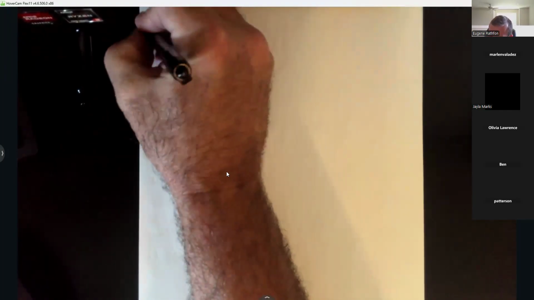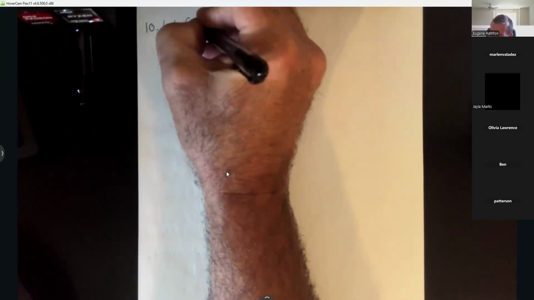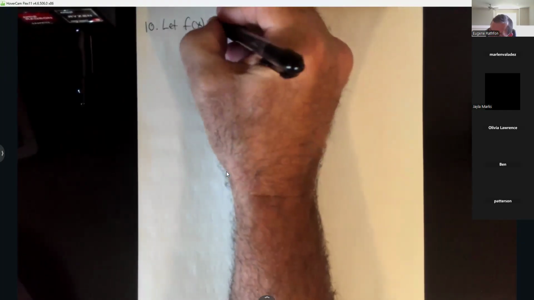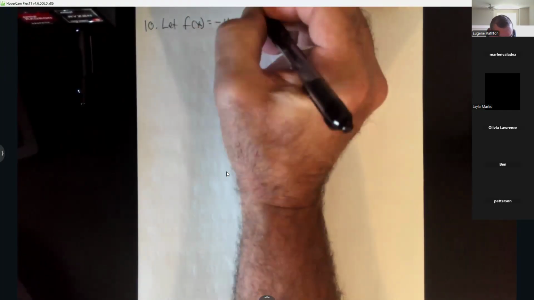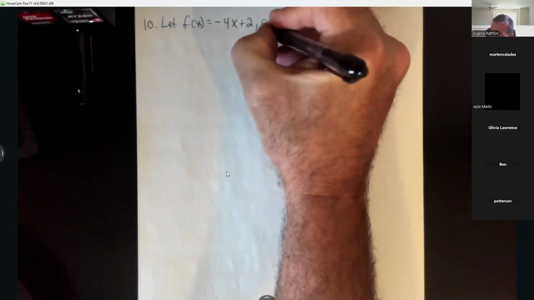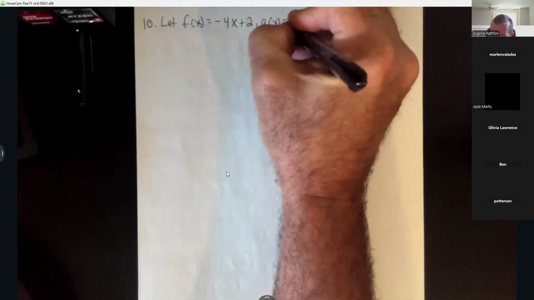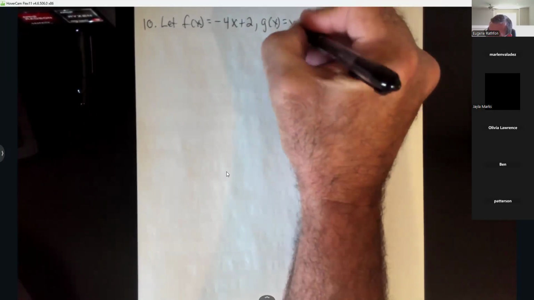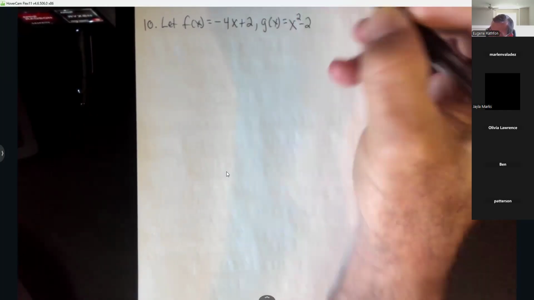Let's try another subtraction here. So we're going to let f of x equal negative 4x plus 2. g of x is going to equal x squared minus 2.